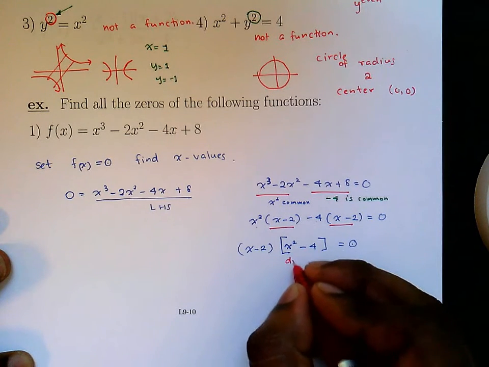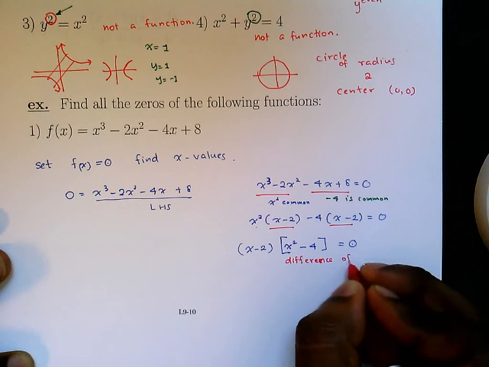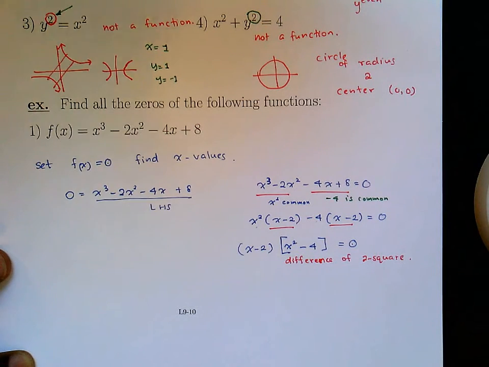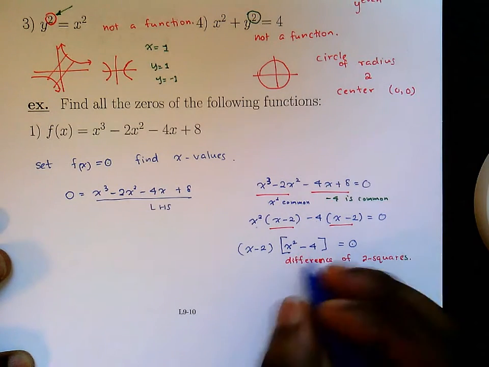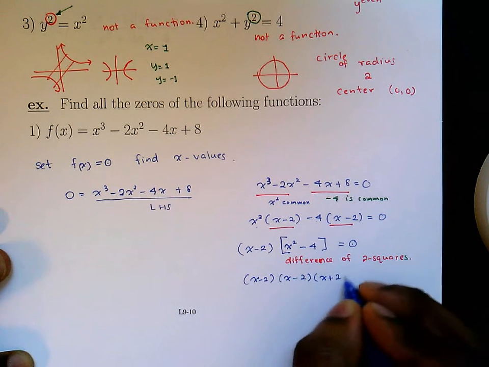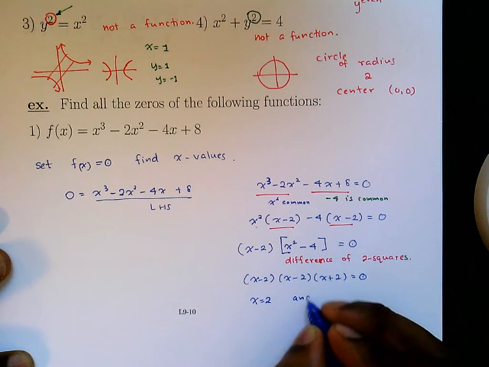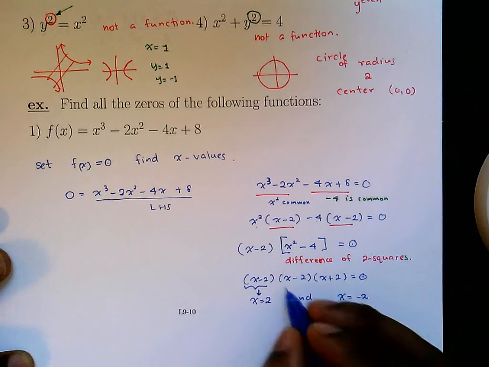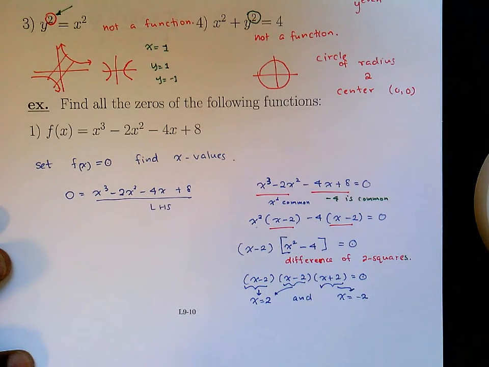All these things we learned in the factoring lesson, that's lecture 3, so you should be very familiar with these things. Now you have x minus 2, x minus 2, x plus 2 is equal to 0. From here you get x equals 2, from here also x equals 2, and here you get x equals negative 2.